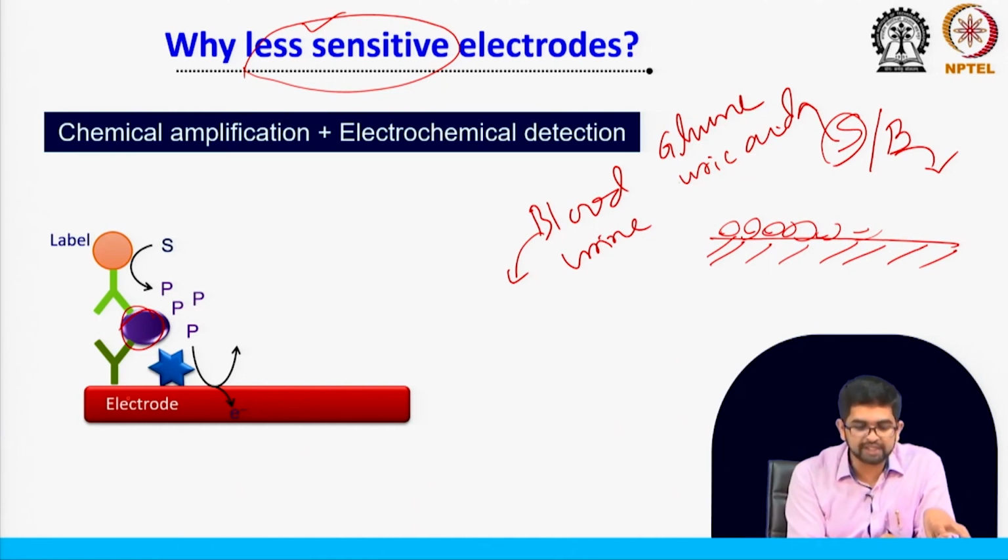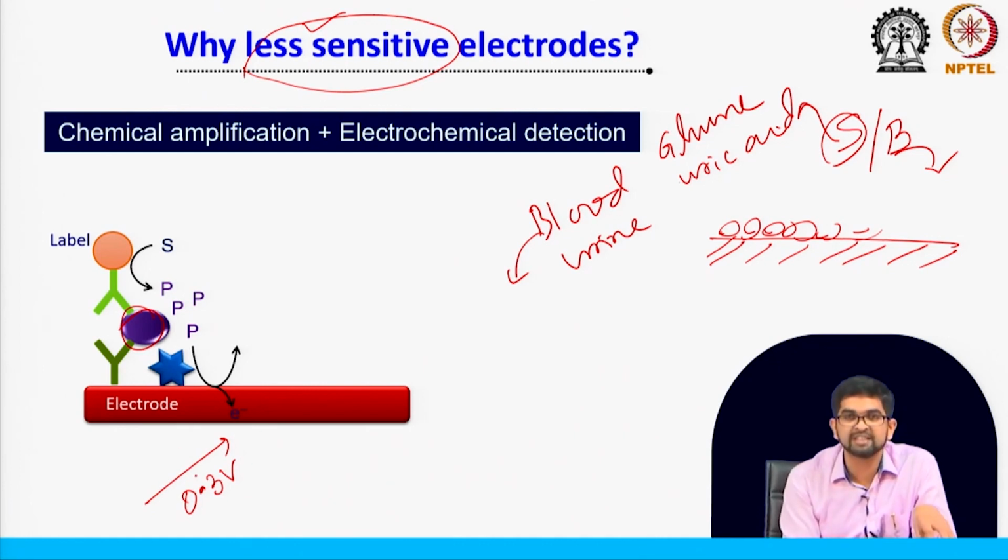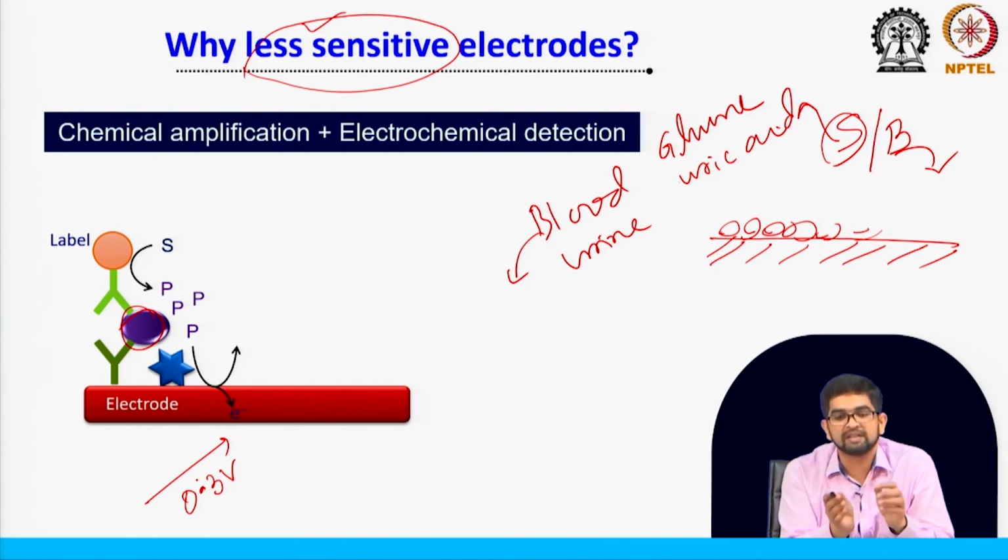So, when you are detecting some cancer marker and you are applying some potential, suppose 0.3 volt, other species also get the same potential, and they can also oxidize on the surface, generate some electrons and generate current. Then naturally they are contributing to your signal, and you get some current from this kind of species, that is called interfering species.